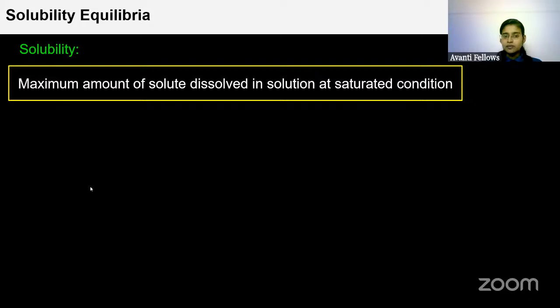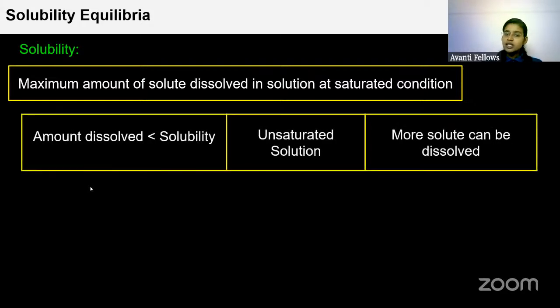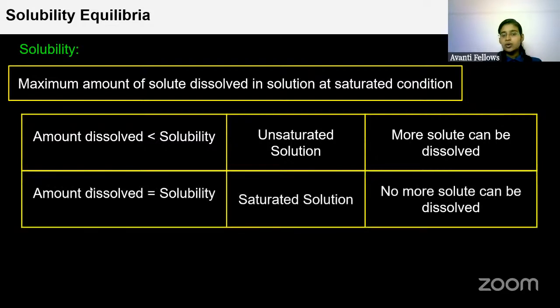Case number 1. If the amount dissolved is less than the solubility, I can still add more amount of the substance so that it can dissolve further. Such solutions are called unsaturated solutions, and here more solute can be dissolved. If the amount dissolved is equal to the solubility, then it is a saturated solution, as we have discussed, and you cannot add more solute.